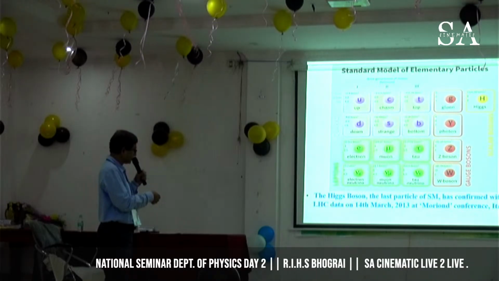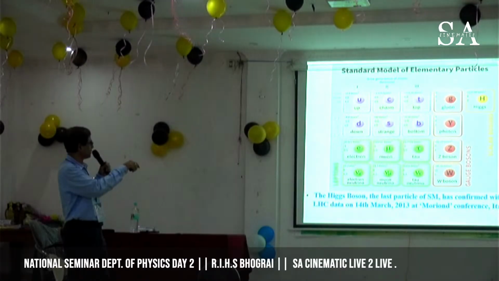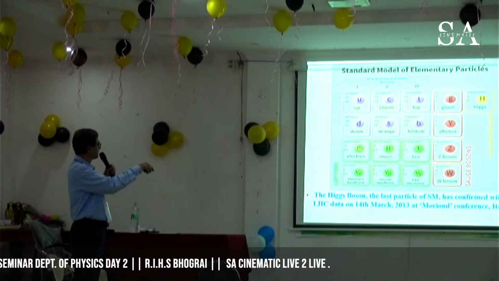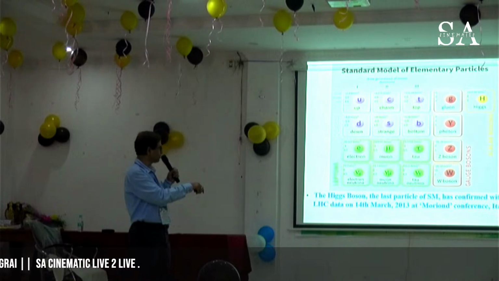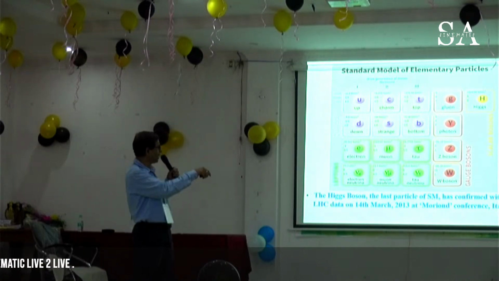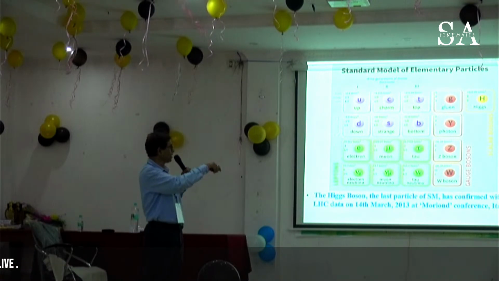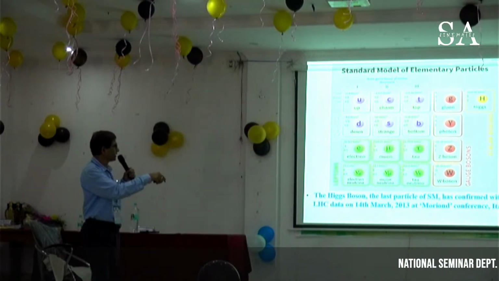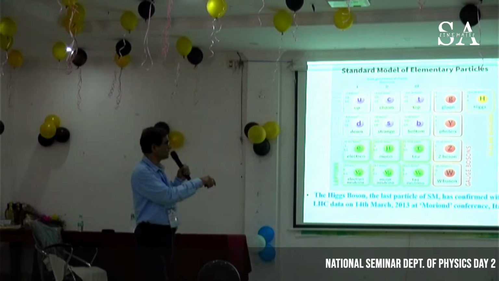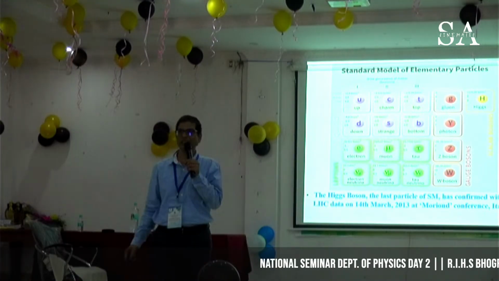This is the Standard Model of elementary particles. The quarks: up, down, charm, strange, top, bottom, and the leptons: electron type neutrino, muon type neutrino, tau type neutrino, and these are the intermediate particles or gauge bosons. Then there is another particle, the Higgs boson, popularly known as the God particle.